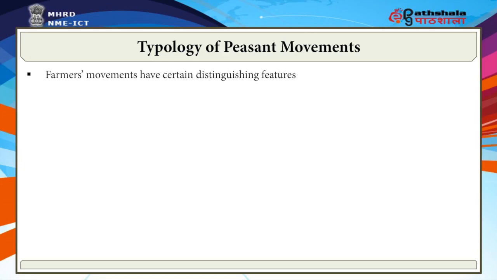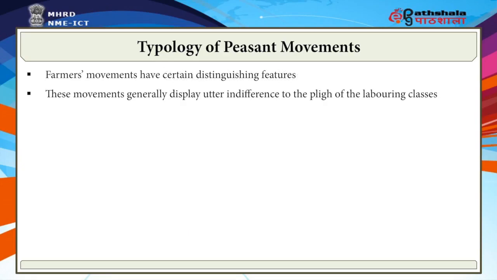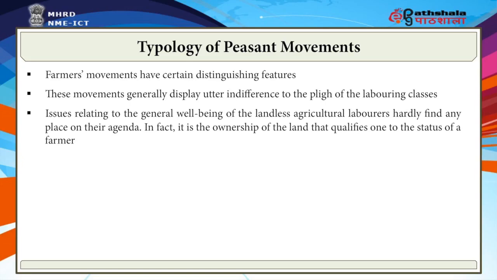Farmers' movements have certain distinguishing features. These movements generally display utter indifference to the plight of the laboring classes. Issues relating to the general well-being of the landless agricultural laborers hardly find any place in their agenda. In fact, it is the ownership of the land that qualifies one to the status of a farmer.